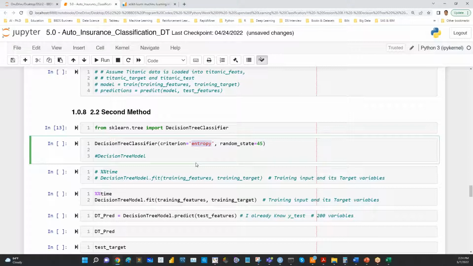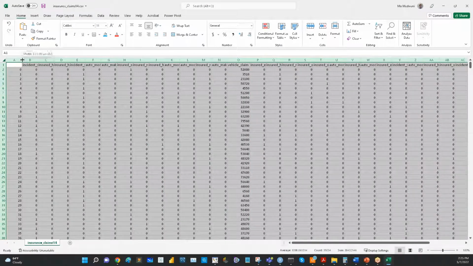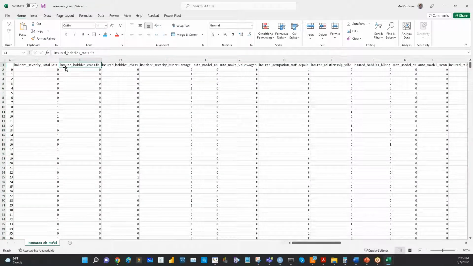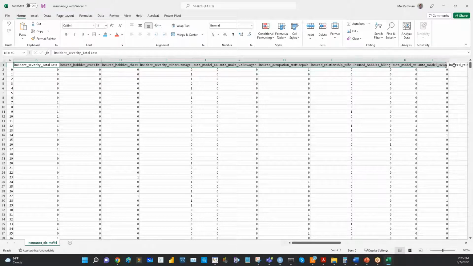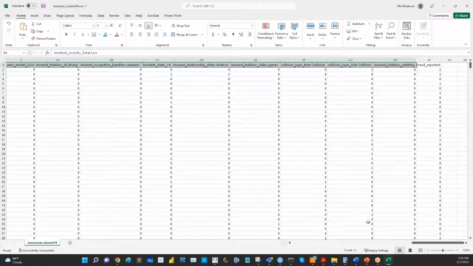So what is this decision tree going to do? It's going to look into the data, it's going to split on every single feature. It's going to split on incident severity total loss, then it's going to split on insured hobbies crossfit, and it's going to split on each and every feature that we have. So we got 33 features, and we are going to have 33 splits.